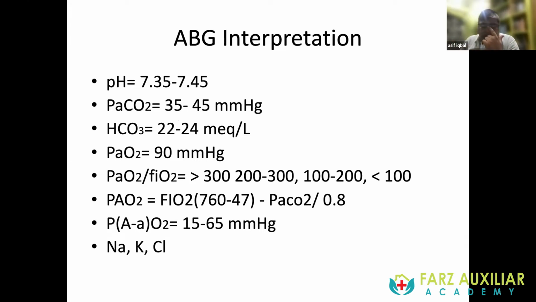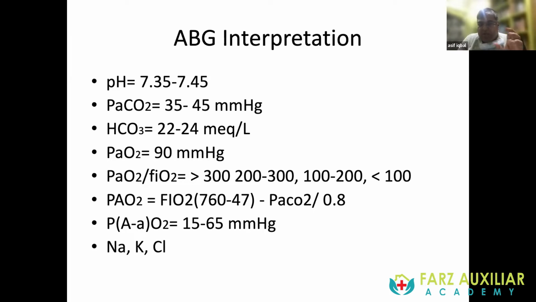What is needed in the EDIC or IDCCM? It is important that you know the normal values, and by reading the cases, you have to understand what case you are dealing with and what the diagnosis will be by seeing the ABG. In your EDIC or IDCCM exam, nobody will ask you to calculate the anion gap directly.